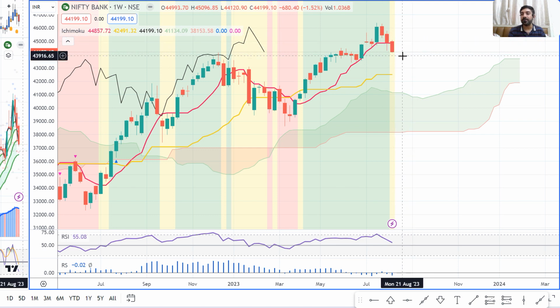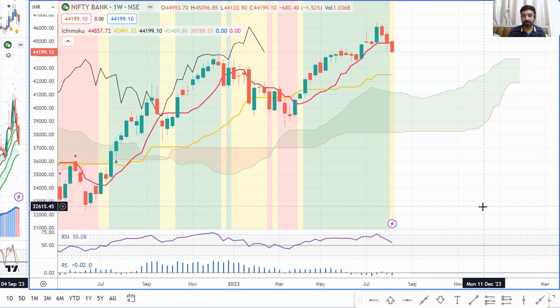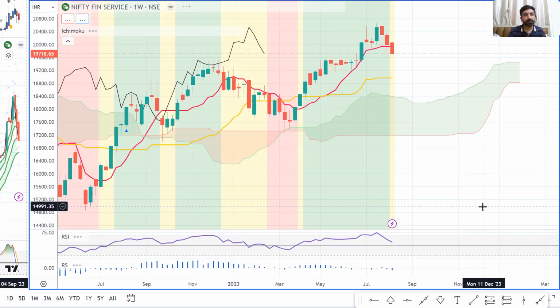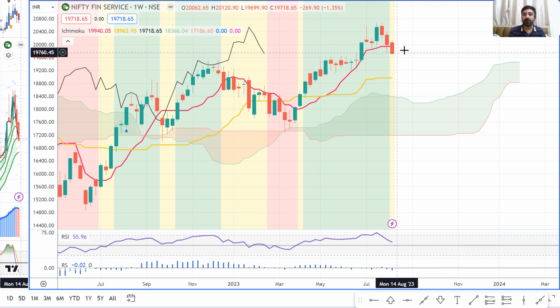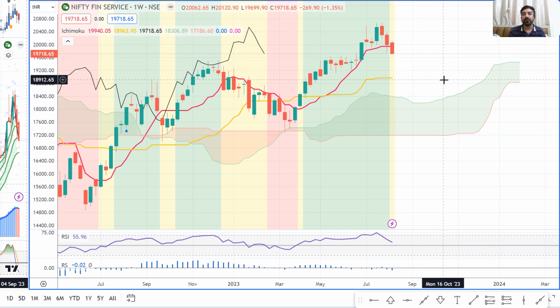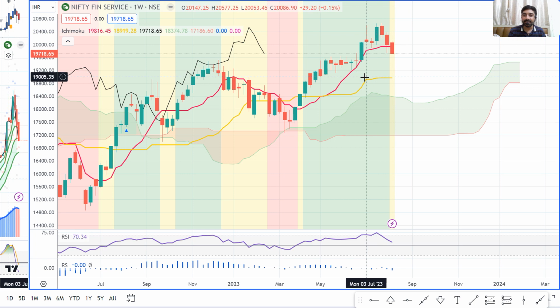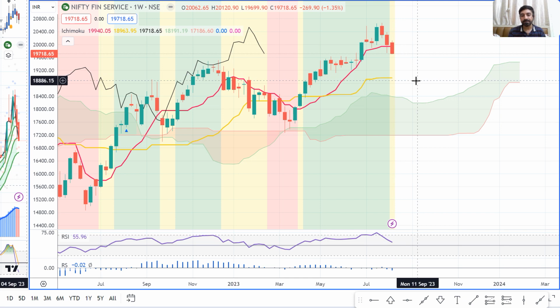So if you are a very short term trader trading for a few days, this is not a place where you would like to go long. Same with financial services, not a place to go long, relatively weaker compared to Nifty. Prices are falling, they have fallen already below Tenkan. They might reach towards here, but it is not a short setup for sure.